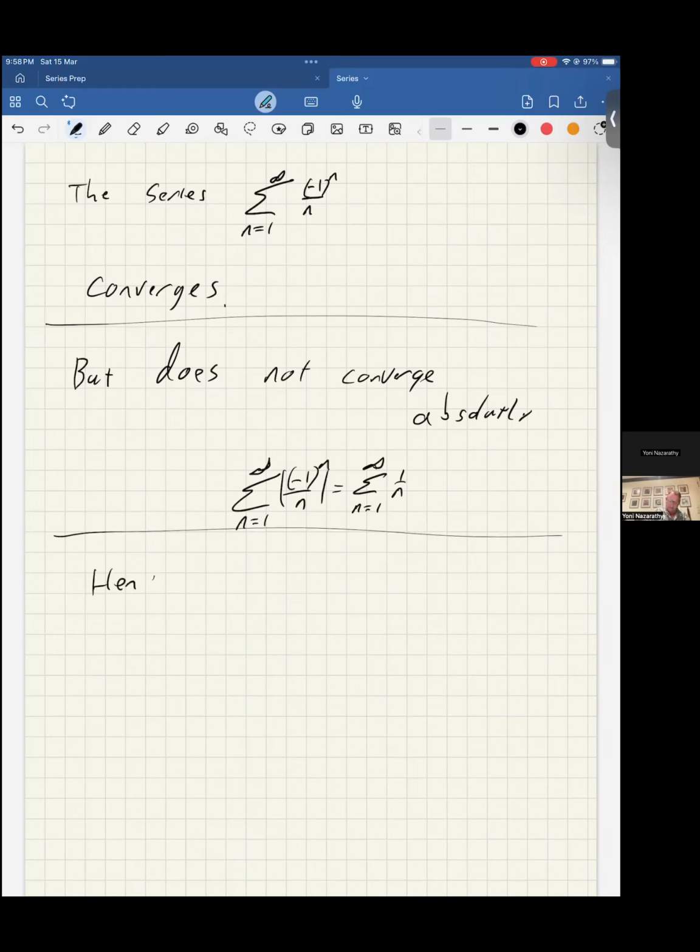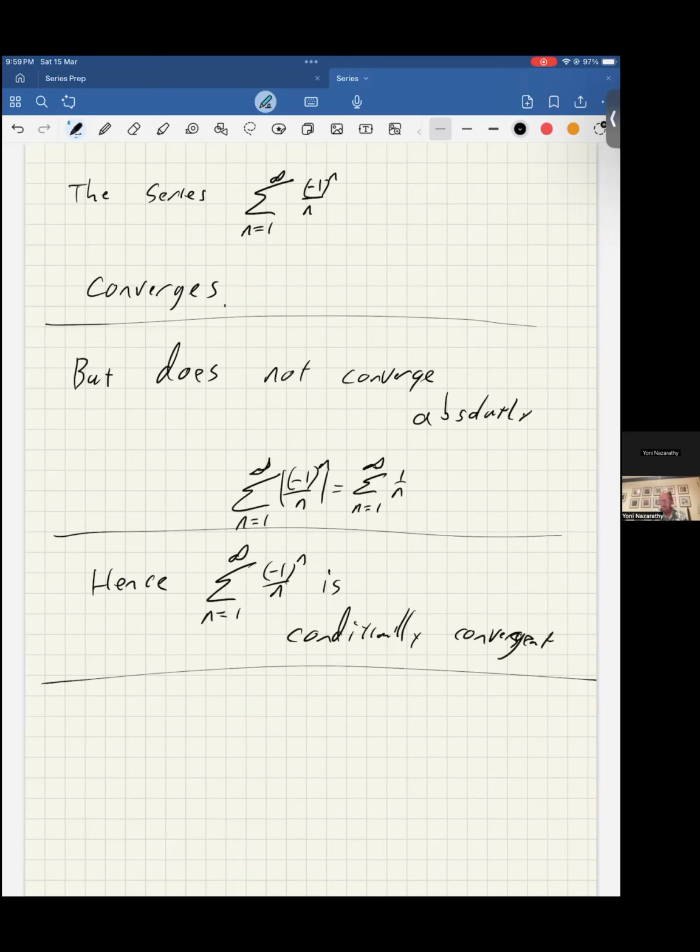Hence, this series, sum of -1 to the power n over n, is conditionally convergent. Again, a series can only be conditionally convergent if it has some terms that are negative, and that's certainly the case with this one.